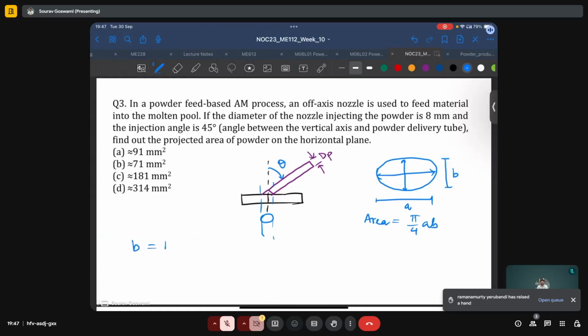B in this case is same as dP, which is equal to 8 mm, and A will be equal to dP by cos theta, as we already saw during the lecture. This will be 8 by cos 45 degrees, or pi by 4, and we can simplify it later.